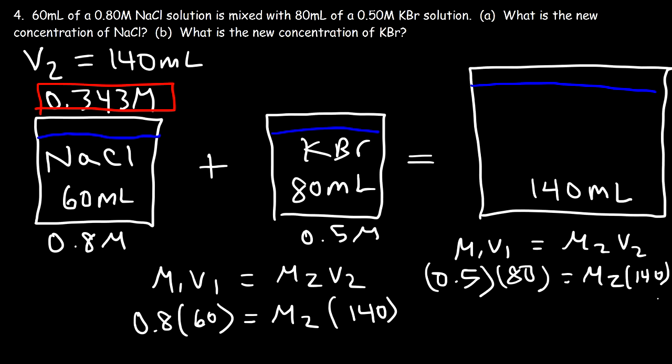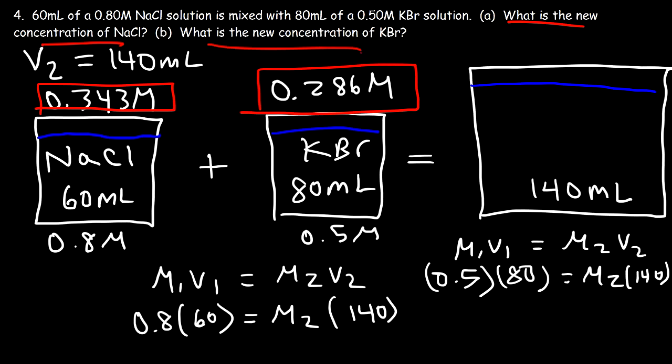So M2 is going to be 0.5 times 80 divided by 140. So the new concentration of KBr is 0.286 M. So it's greater than 0.25, but it's less than 0.5. So now you know how to find a new concentration of two solutions after they're mixed with each other.